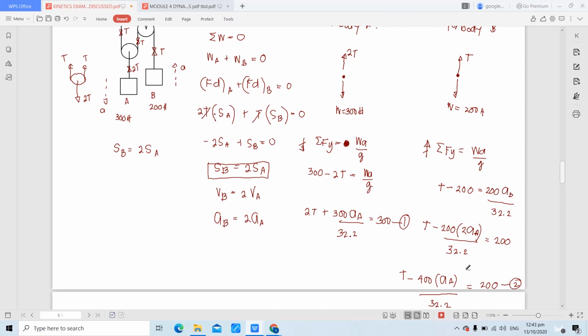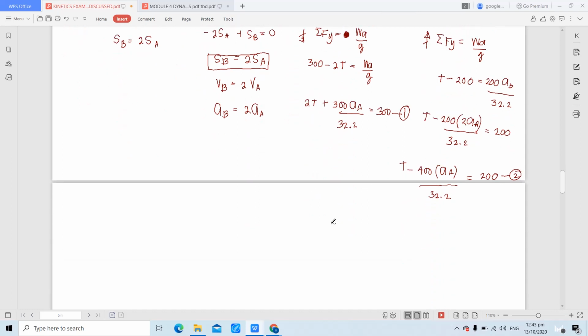Notice that we have two equations and two unknowns, tension T and acceleration of body A. Using your calculators, mode 5.1, compute for the value of tension T and acceleration of body A. Mode 5.1, 2 equals 300 over 32.2 equals 300 equals 1 equals negative 400 over 32.2 equals 200 equals.